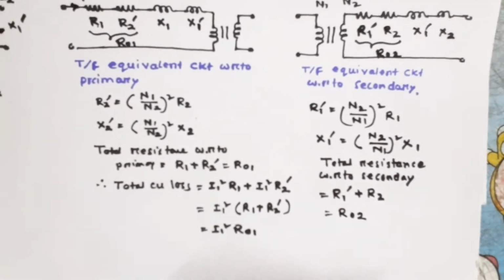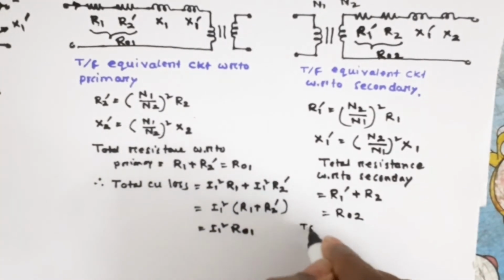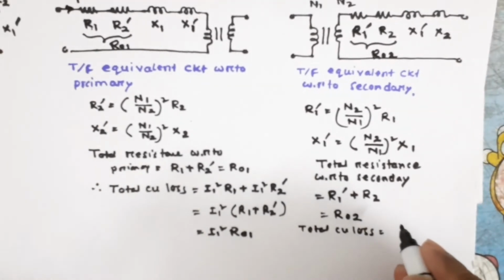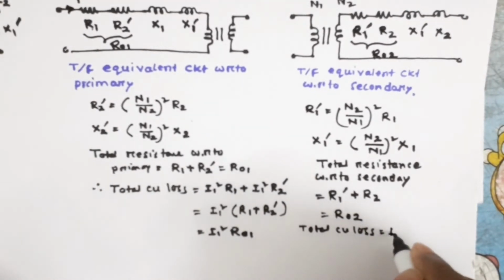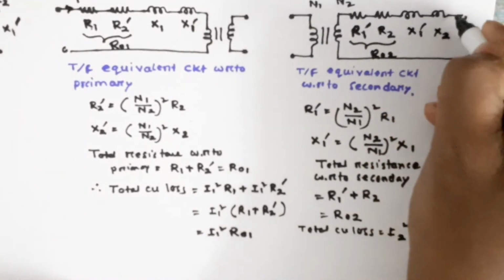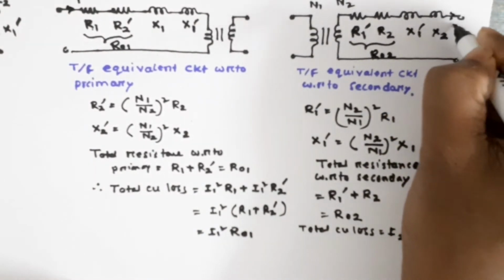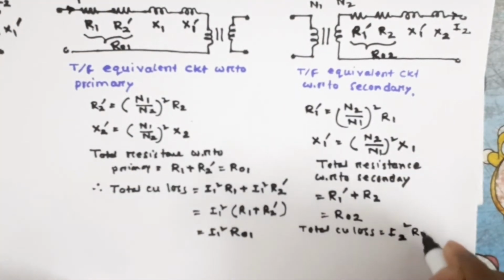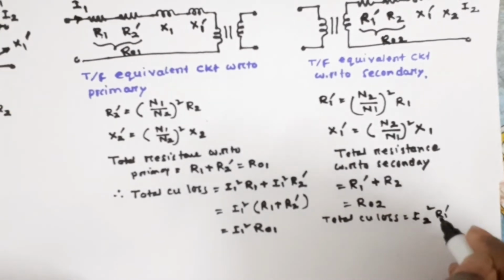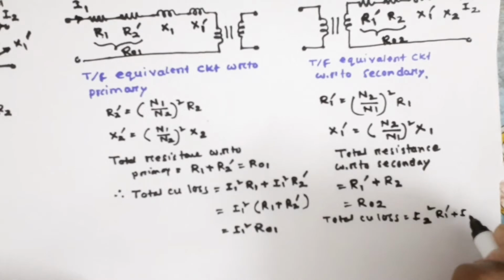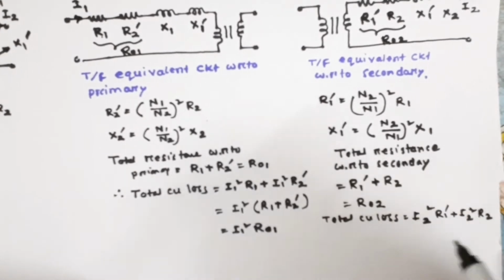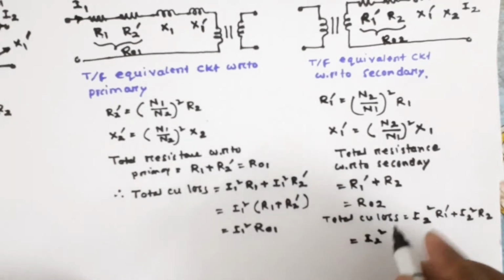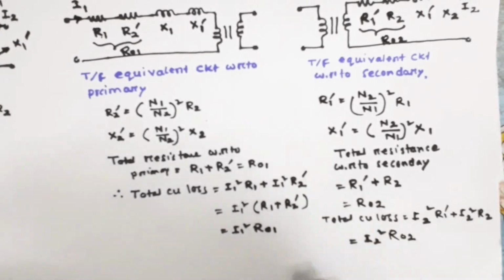The total copper loss is given by I2 square, here let the secondary current be I2, square into R1 dash plus I2 square into R2, that is given by I2 square into R02.